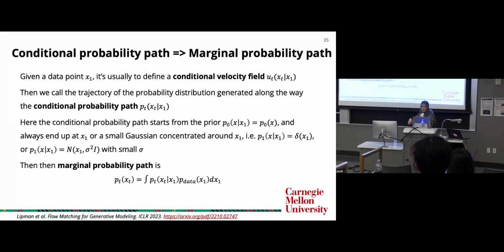Basically, you sum up over all the possible data points, multiplying by the conditional probability given the data point. Then you get the marginal. And also, a boundary condition: essentially, the probability at time 1 should recover the data distribution. This is basically what we're trying to construct. Okay?